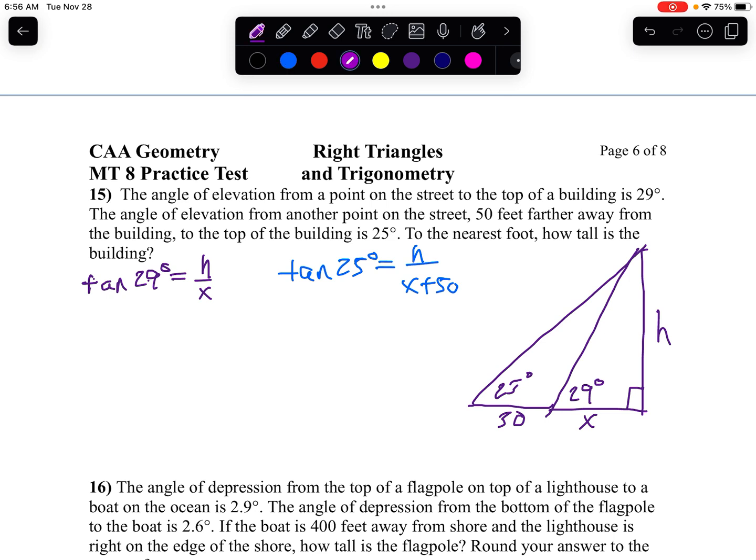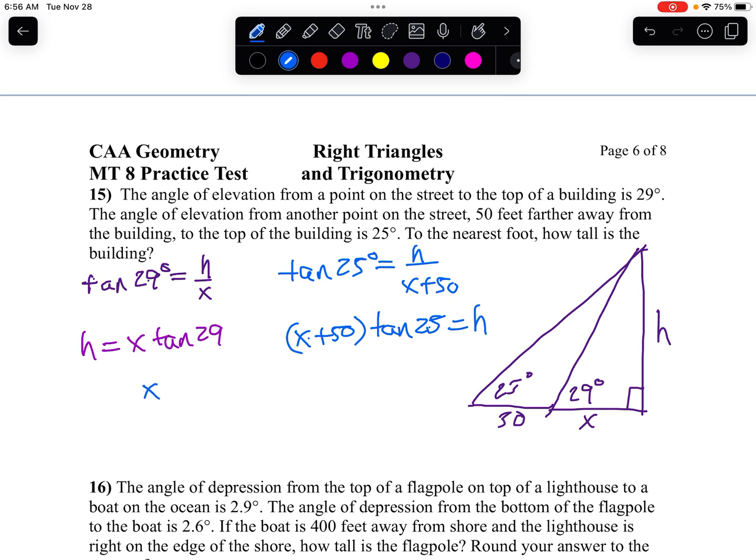So in other words, on the left, H equals X times the tangent of 29. And on the right, X plus 50 times the tangent of 25 equals H. Well, I'm going to set them equal to each other.